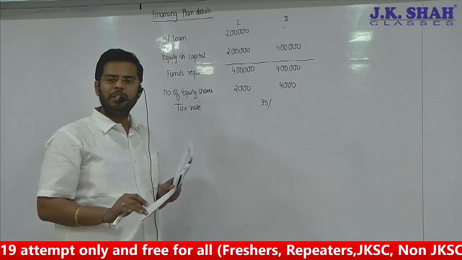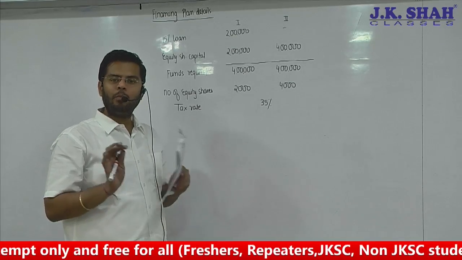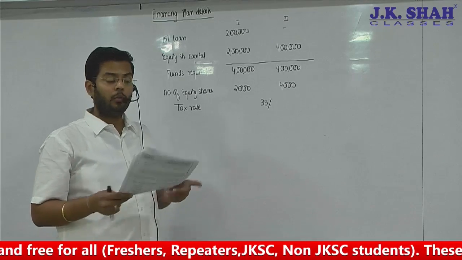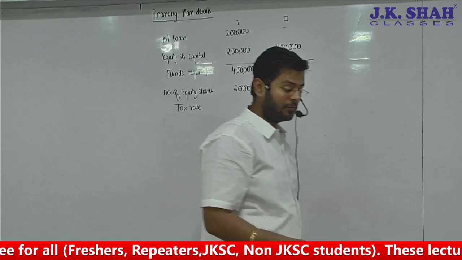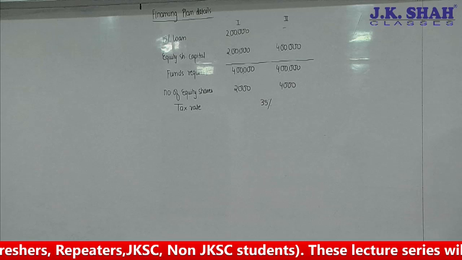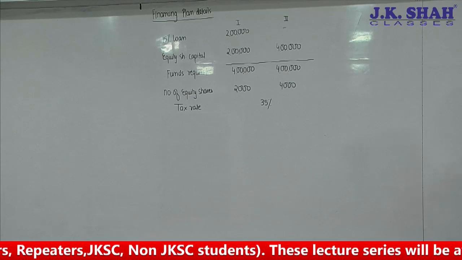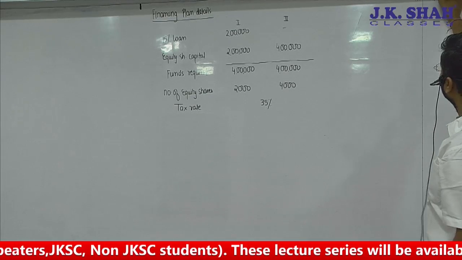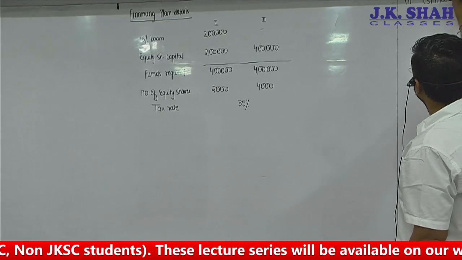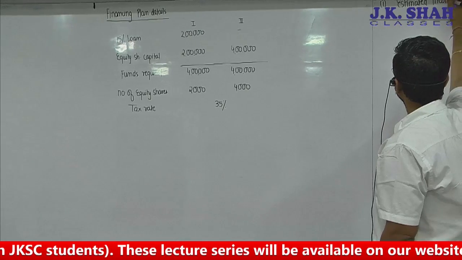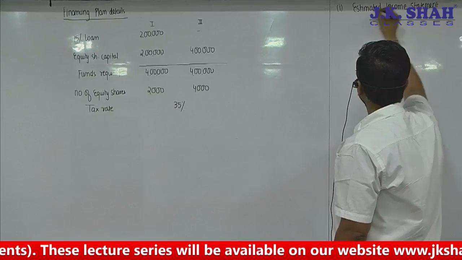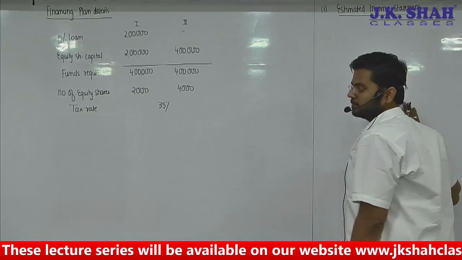So what we have to do is prepare our income statement plan-wise, and the plan that maximizes our EPS would get selected. So I'll prepare the income statement for you. So let's understand this income statement. My heading for the first required part is estimated income statement.